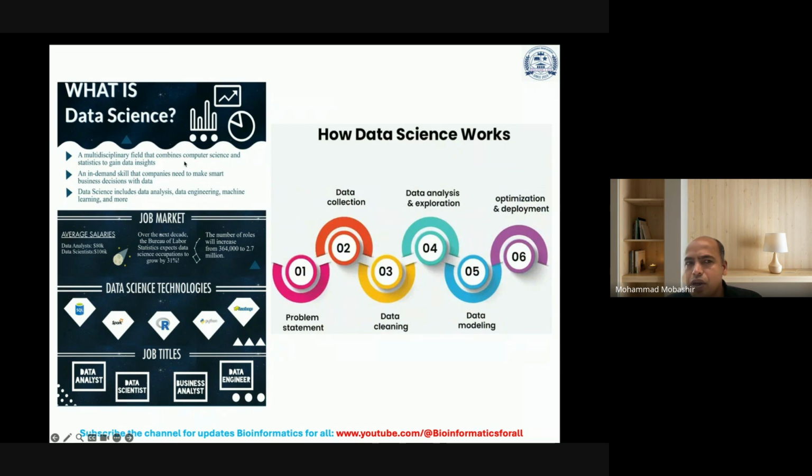That's quite simple. If you want to read it in text, the first phase is discovery, the second phase is data preparation, then plan the model, build the model, operate the model, and finally communicate the results. That's it.